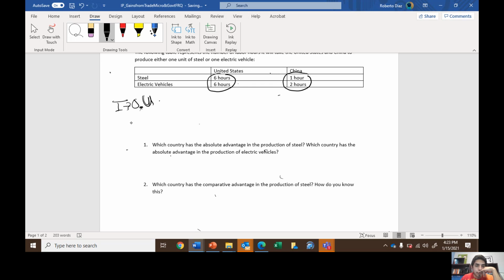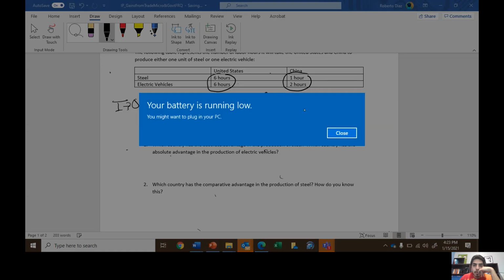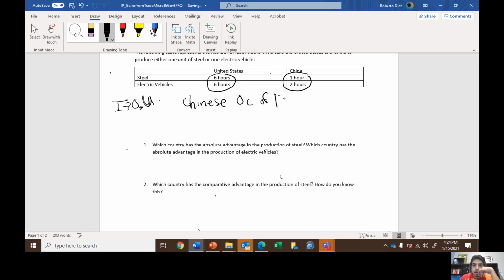So for example, if we want to find the, let's go with China because these are whole numbers, Chinese per unit opportunity cost of producing 1 unit of steel equals, not output, other under, so we're going to put what we give up.